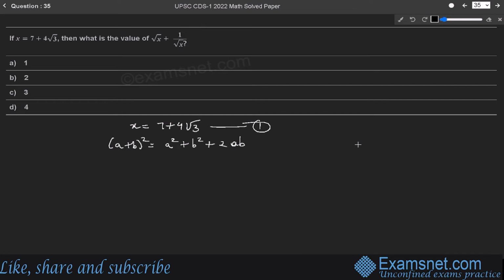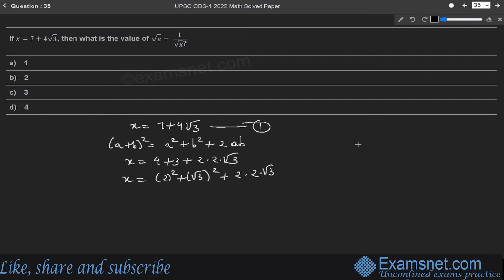Now equation number 1 can be written as x is equal to 4 plus 3 plus 2 into 2 into root 3. We have split 7 as 4 plus 3 and 4 as 2 into 2. So it will be x is equal to 2 square plus root 3 square plus 2 into 2 into root 3.